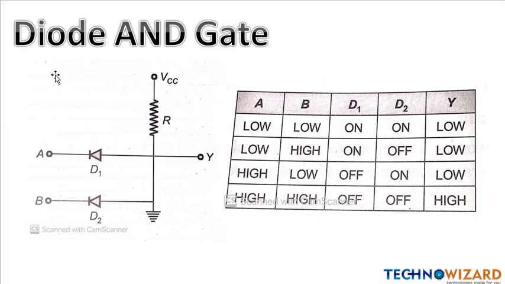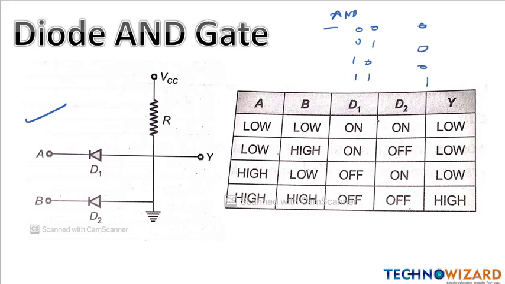First of all, we will see how we can implement AND gate with the help of diode. We know that in AND gate, 0 0 is 0, 0 1 is 0, 1 0 is 0, 1 1 is 1.